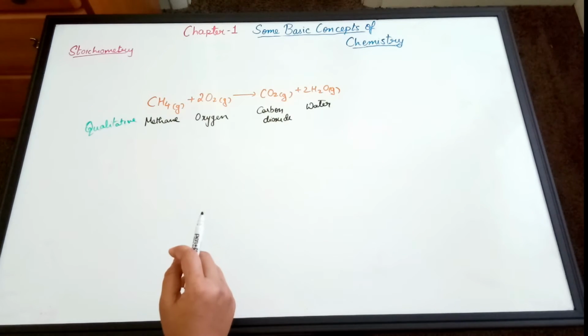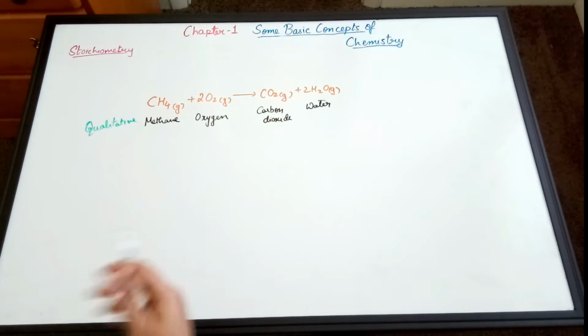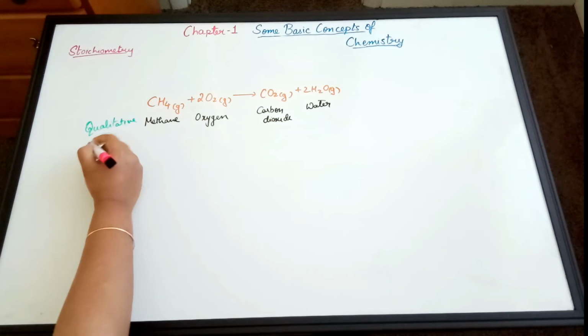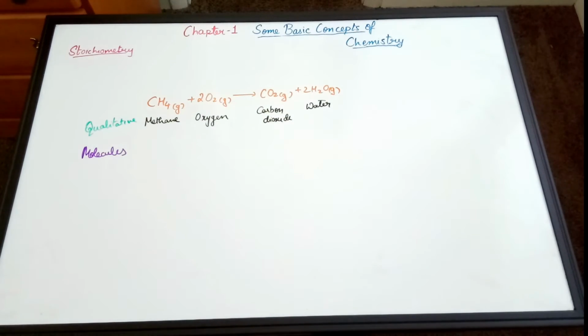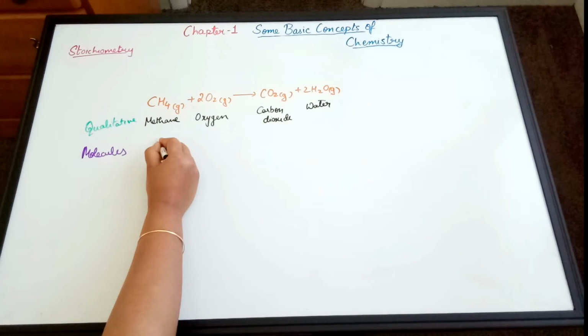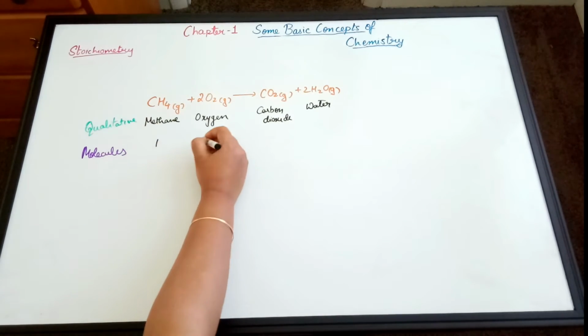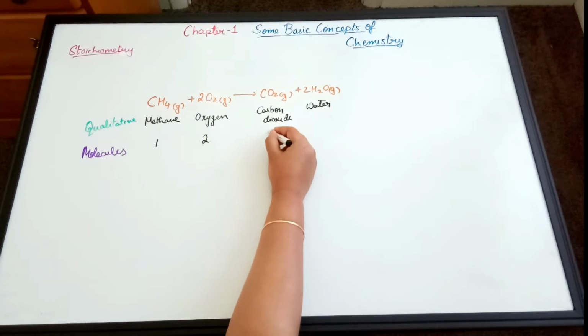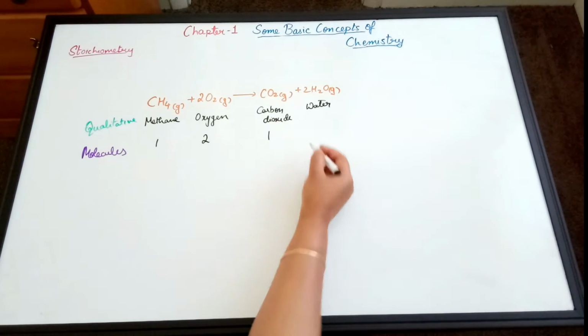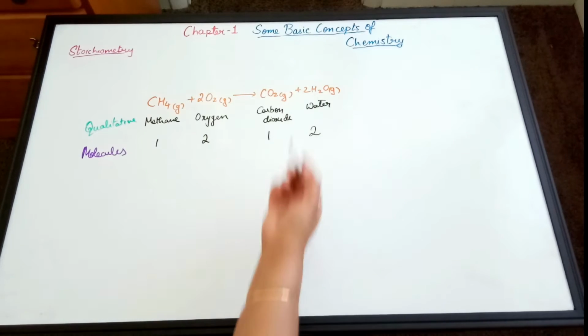First, it gives us the information of the relative number of reactant and product species taking part in a chemical reaction, which means it's giving us the information about the molecules. So this means that one molecule of methane is reacting with two molecules of oxygen to give rise to one molecule of carbon dioxide and two molecules of water.